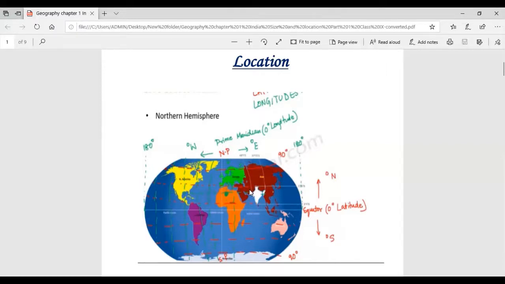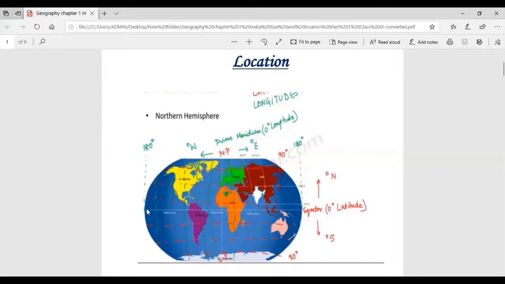So let us locate India more precisely. If you look at the world map, we can see that India is located in the northern hemisphere. We all know the directions. So the top part is the northern part and the down part is the southern direction. So we all know that India is in the Asian continent, and the Asian continent is in the northern hemisphere.